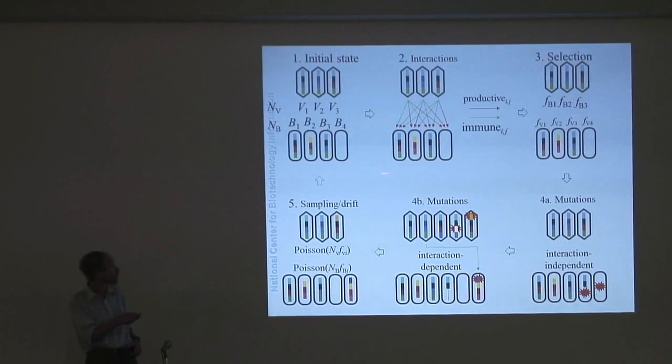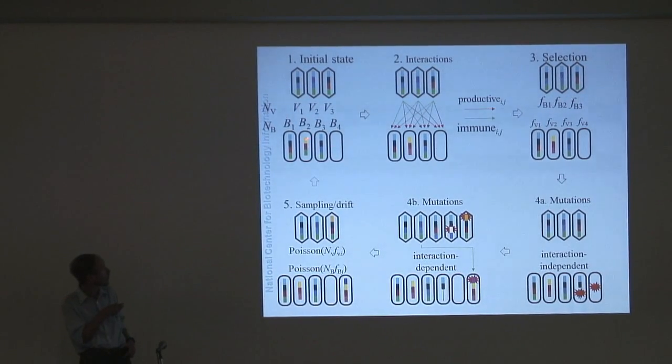Basically, we have the initial state with some diversity of viruses with protospacers and some diversity of hosts with spacers. To begin with, they are considered to be unrelated. The host population is naive, so to speak. But then there are interactions, and as a result of these interactions, there are productive interactions where a virus kills the host, and in the process it may mutate the protospacers, and then there are immune interactions.